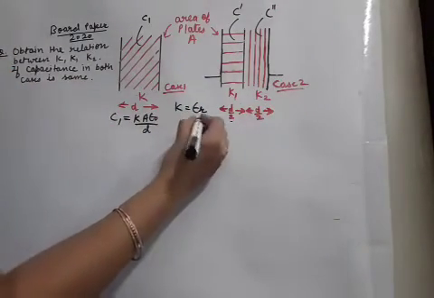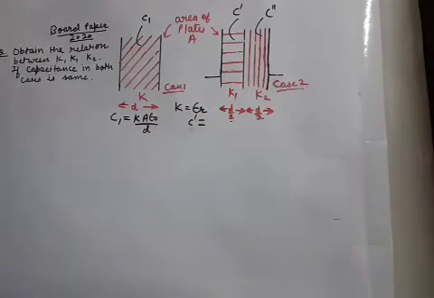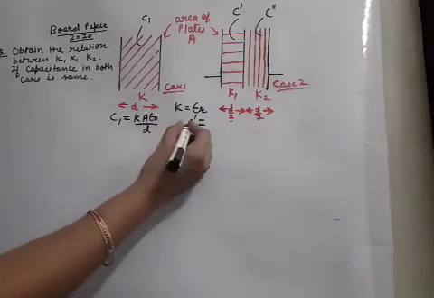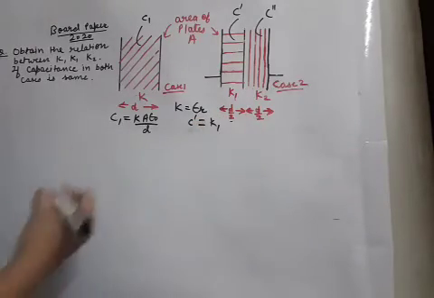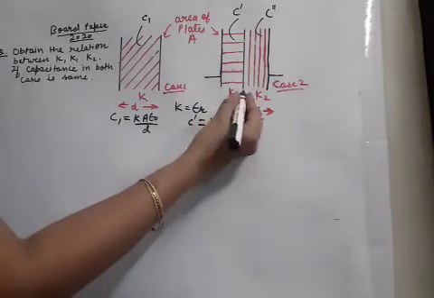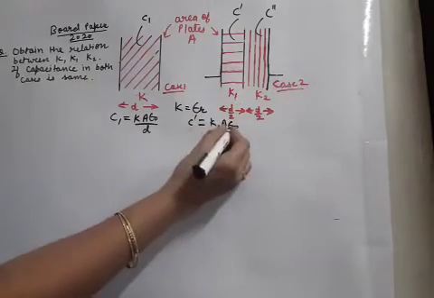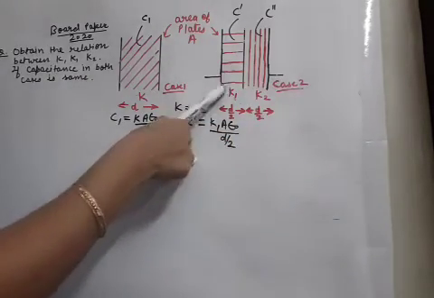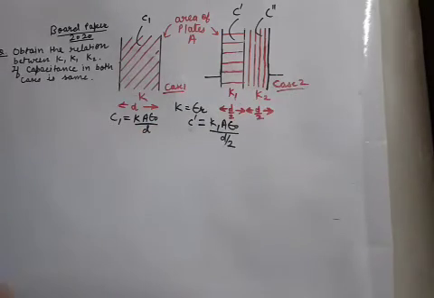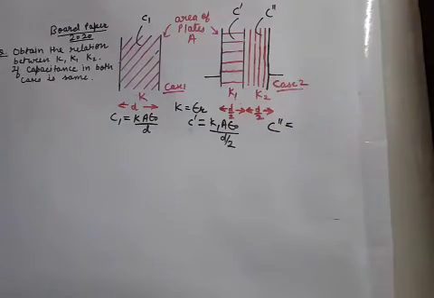Let us make the answers of C dash and C double dash in the same manner. For C dash, the medium is K1, the area of the plates is A, then epsilon 0, then the separation is D by 2. In the same manner, we can make the formula for C double dash also.